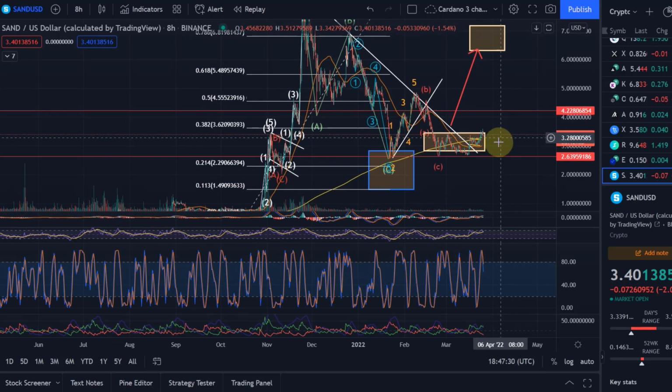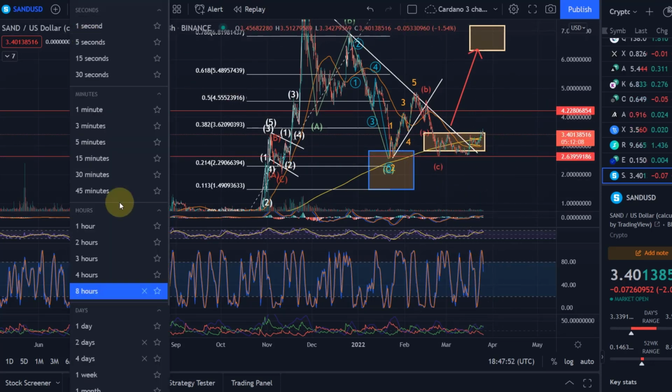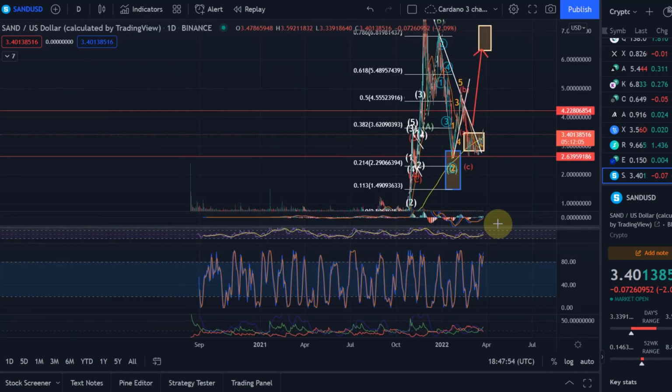In this current scenario, this scenario is live until Sandbox breaks below 2.64, but it's completely invalidated if we break above 2.58. So that's what I'm looking at here, and that is what is currently playing out, which is fantastic on the daily chart.